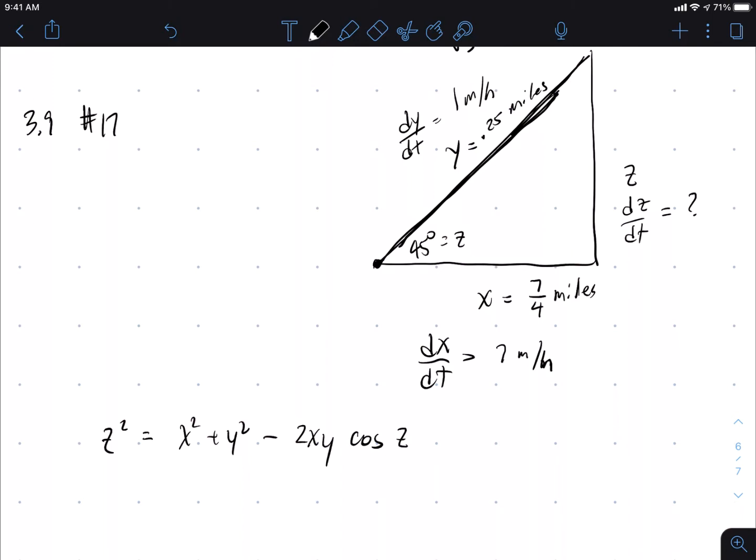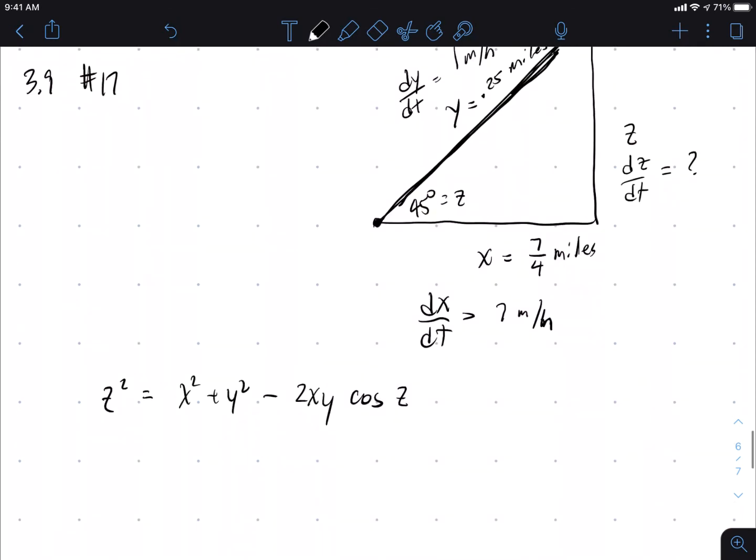So let's see what we can do here. Can we clean up stuff? Nah. We can do the cosine of 45, right? So I want to do that. I want to make my life as easy as possible. So cosine of 45 degrees is radical 2 over 2.